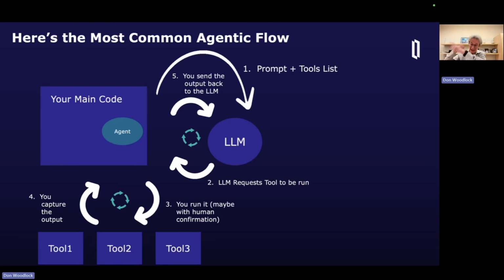And it would keep going through this tool calling loop until the LLM feels like it's ready to answer that question. So that's how the agentic flow works: you're not providing the context in advance. You're providing a list of tools, and this whole flow will call those tools and send the results back to the LLM and ask the LLM what it would like to do next. So that's what this flow is all about.